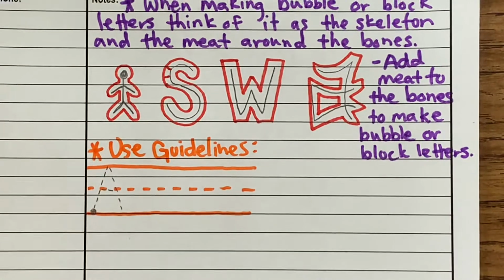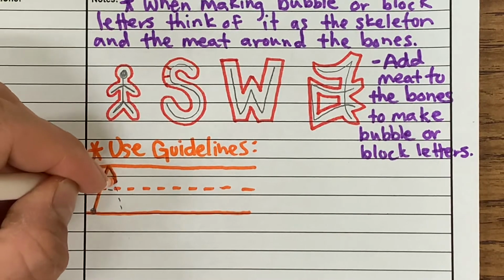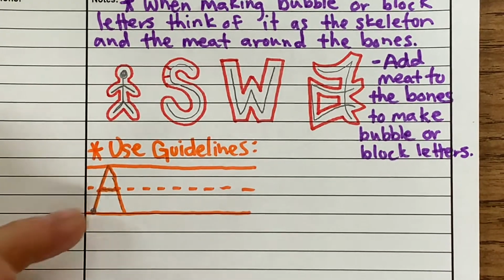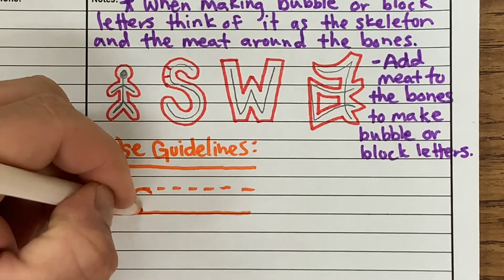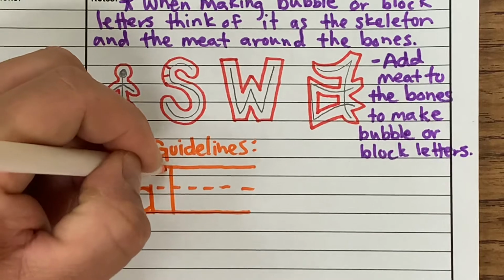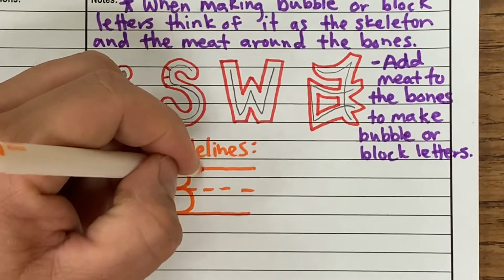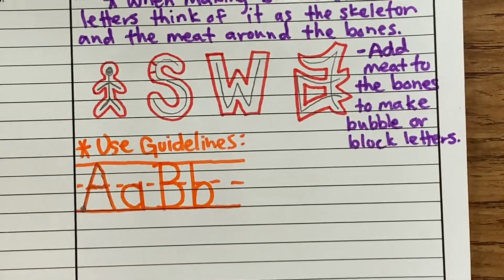And you would come in with your pencil and follow that line. And then when you got better, they would take the dash line away, and you would use these guidelines to draw the letters on your own, right? And the teacher would tell you, make sure it's touching the top, make sure it's touching the bottom, and they would try to make your letters look as neat as possible.